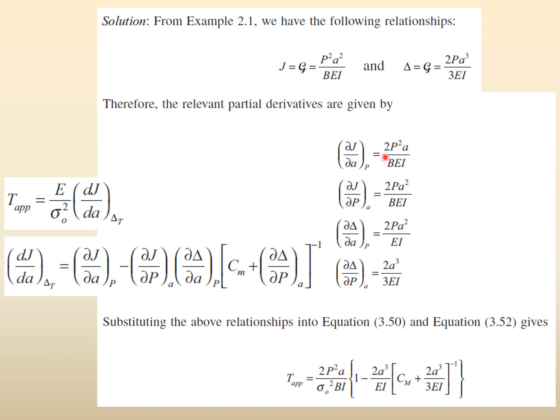Why did we find all these? Because the dJ da had all these, del J del a, del J del P. So now you substitute all of them in this equation, and then the T applied is this. So just substitute everything and then you have the T applied equation.